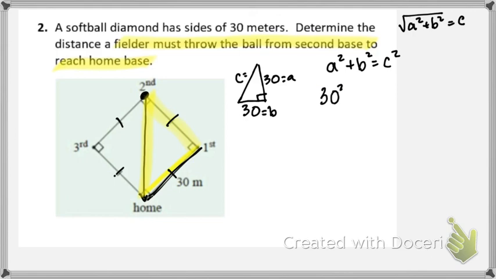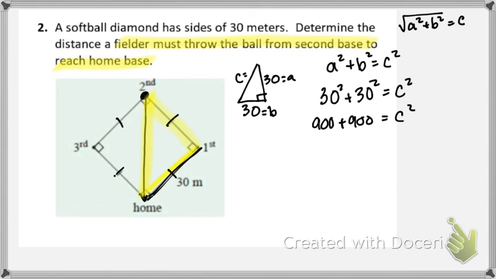We got 30 squared plus 30 squared equals c squared. Remember, if you have a calculator that lets you do 30 squared plus 30 squared all in one take, please do so. Right now I don't. So that's 900 plus 900 equals c squared.